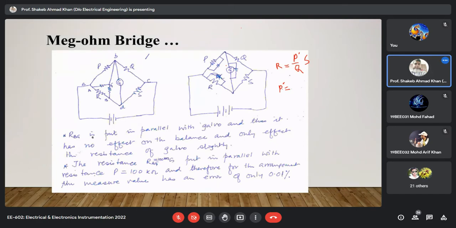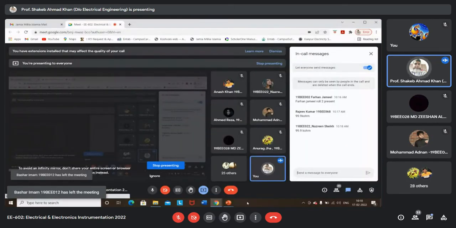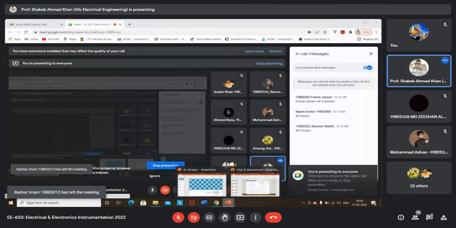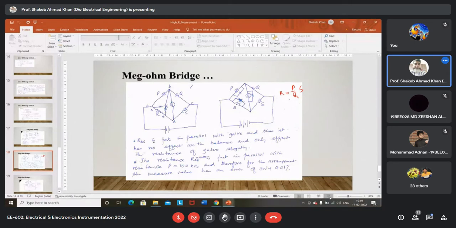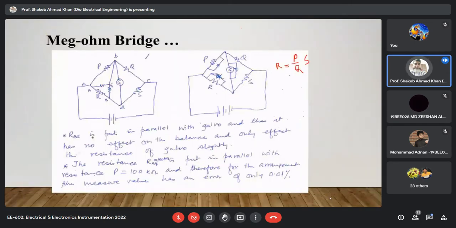roll number 3. So if you look at this value, the original value of your P is 100 kilo ohm, and the equivalent resistance is coming out to be 99.9 kilo ohm.